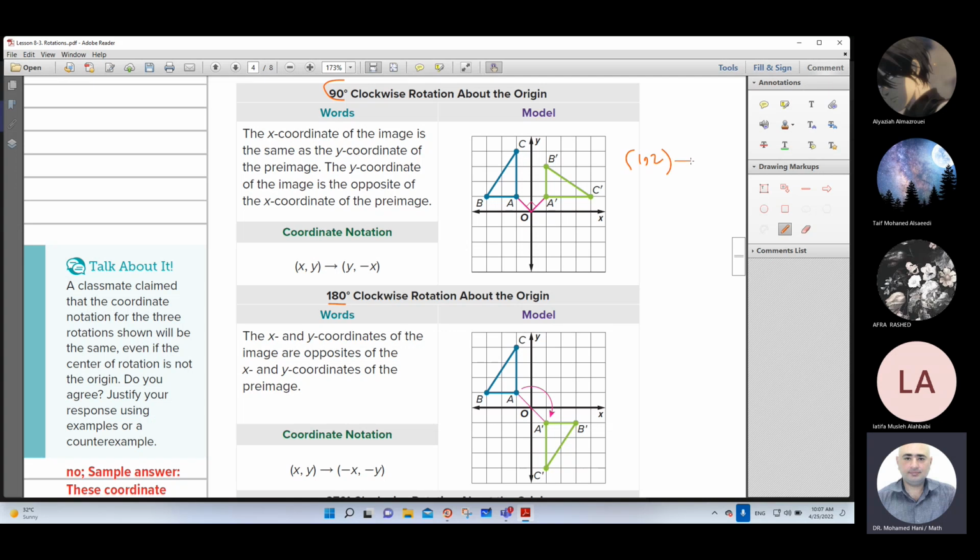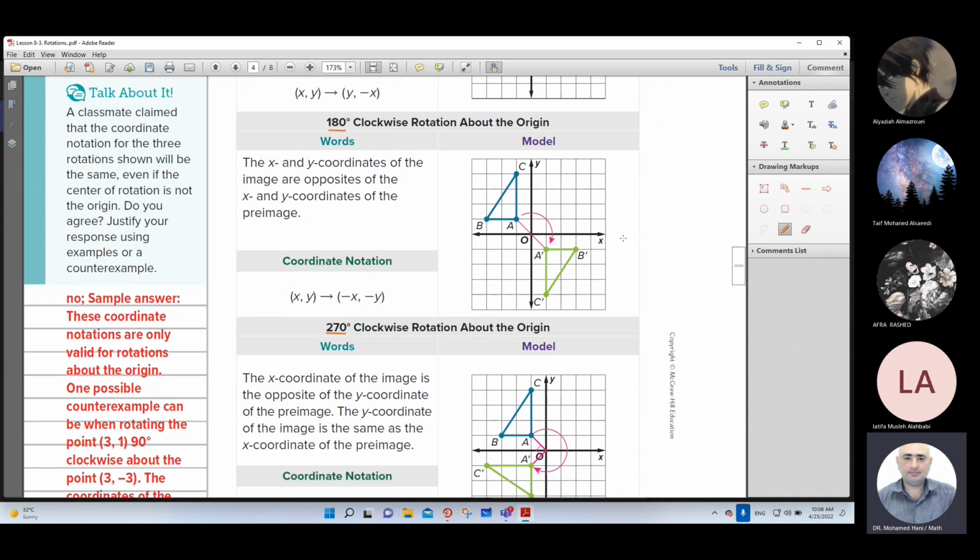The rotation in this case will be 2, minus 1. This is the meaning of x, y will be y, minus x. If you have 1, 2, keep the same y, 2, and take the opposite of x, which is negative 1. So it will be 2, negative 1.